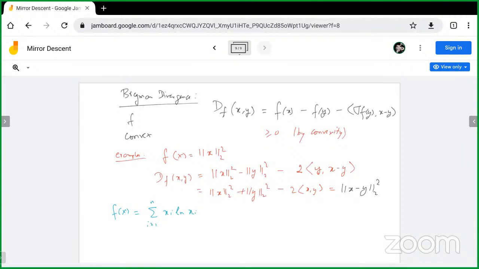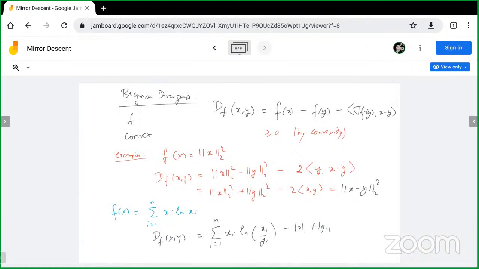You can just write the terms out, and you get the sum of xi ln(xi/yi) minus the alpha norm of x plus the alpha norm of y.